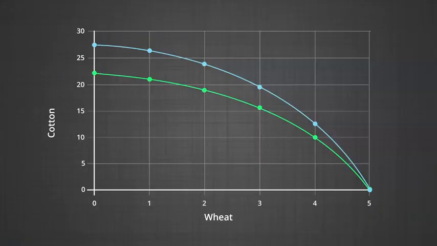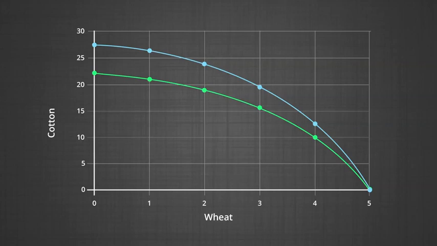How would the PPF move if technology of production of one commodity improves and that of the other remains the same? Suppose that the technology to produce cotton has improved. The maximum amount of cotton that the economy can produce with the amount of land and labor that it had has now increased.